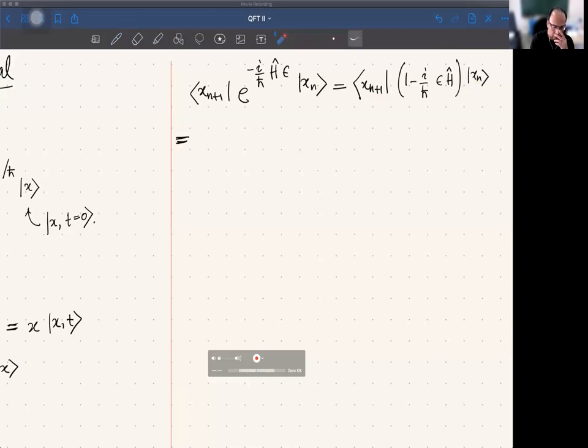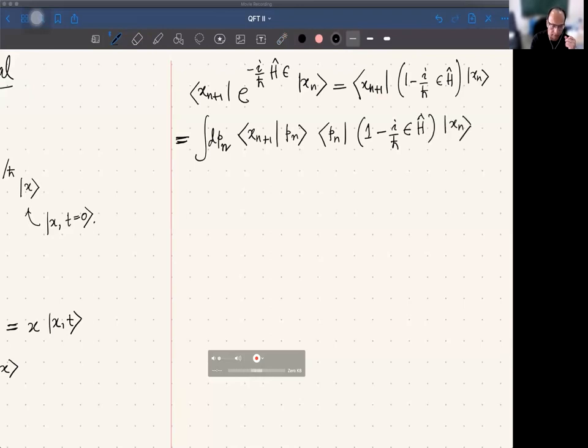In order to do this, we will describe this matrix element in a particular fashion. Let me first write it down and then explain. Insert a momentum space identity operator: the integral of x_{n+1} p_n, p_n 1 minus i over h bar epsilon H hat x_n.